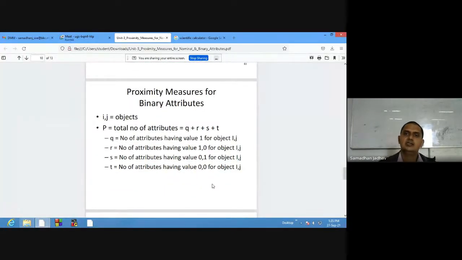Now the second is binary attributes. For binary attributes, we have only two values, and they can be symmetric or asymmetric. If it is gender, male and female, both are equally important, so that is called a symmetric attribute.